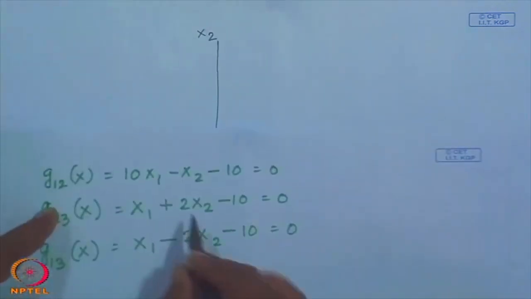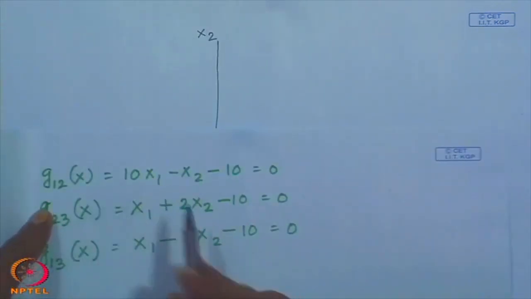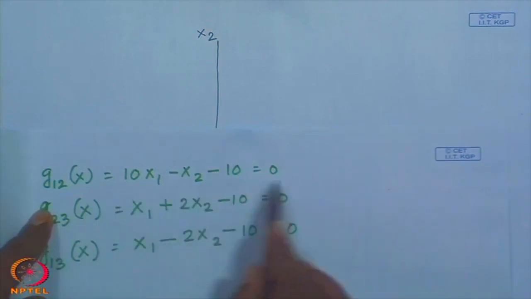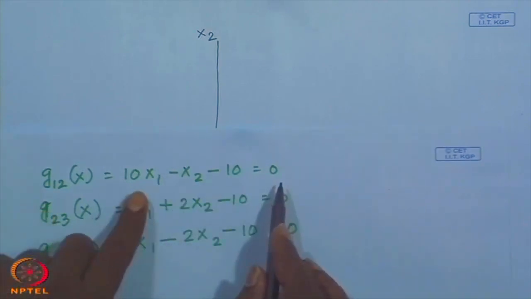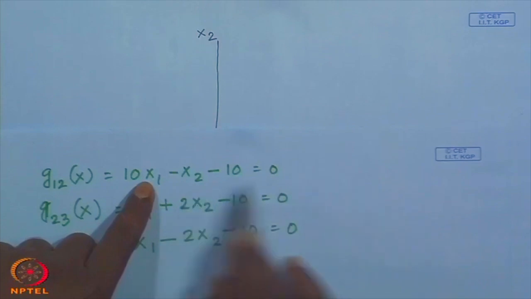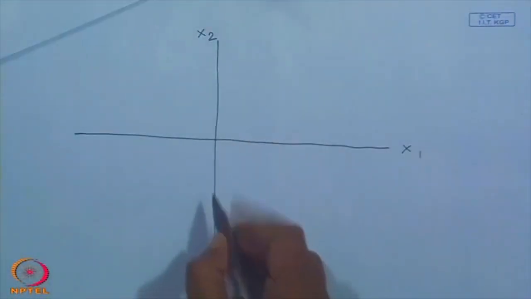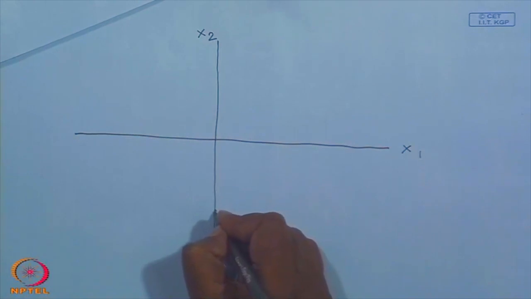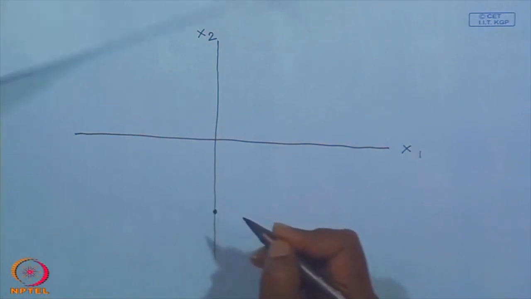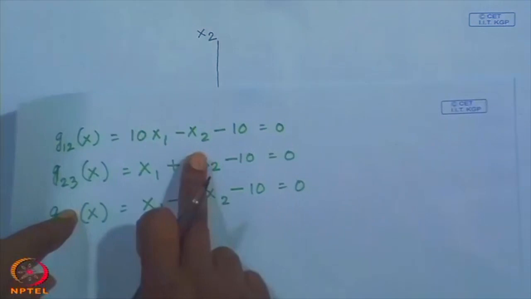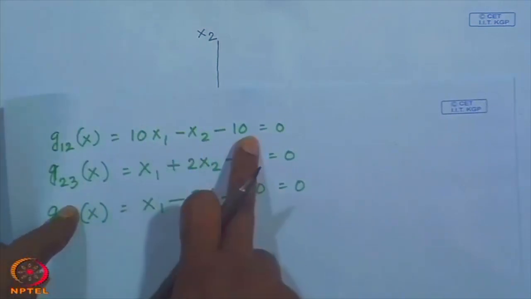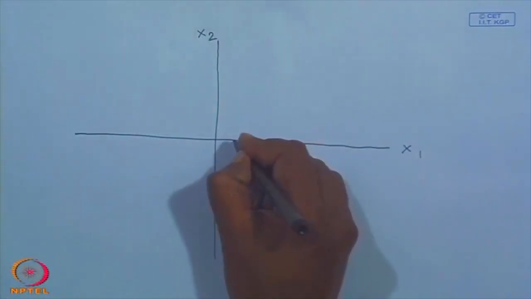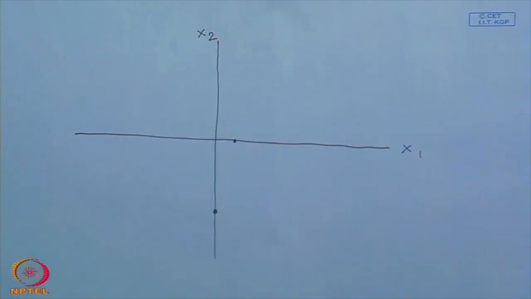Here you find that this particular state line 10x1 minus x2 minus 10 is equal to 0. See, if I put x1 is equal to 0, x2 will be equal to minus 10. So, that will be a point somewhere over here. And if I put x2 is equal to 0, x1 will be equal to plus 1. So, that will be a point somewhere over here.